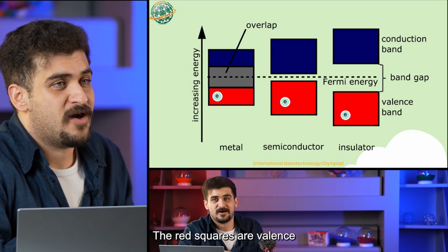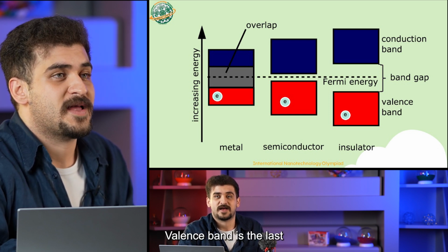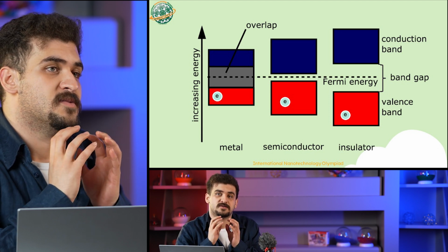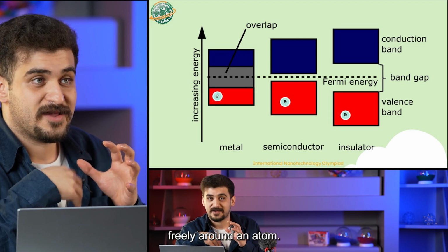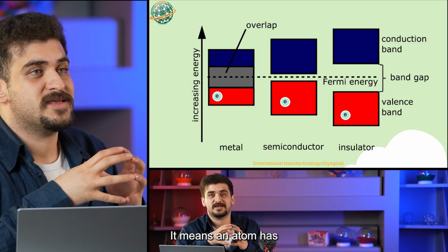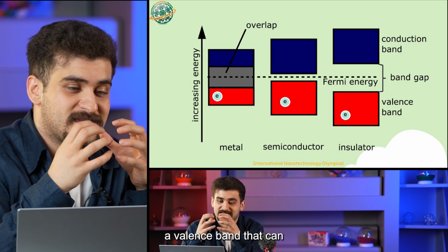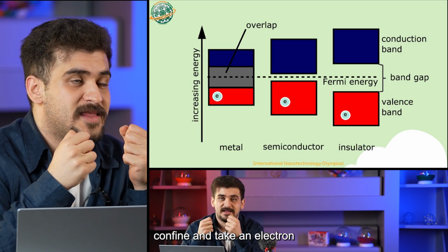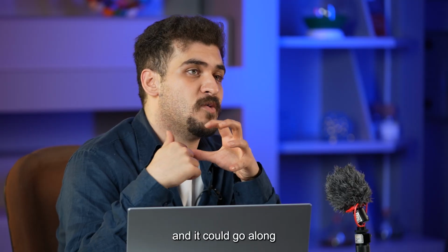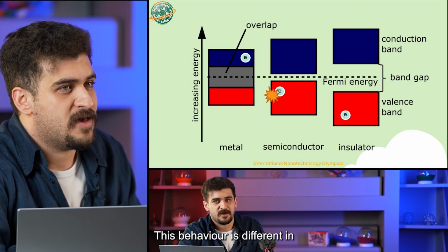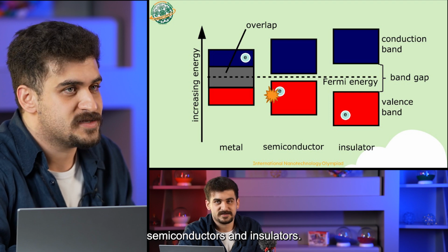The red squares are the valence band. The valence band is the last boundary where an electron can move freely around an atom. It means an atom has a valence band that can confine and take an electron inside some orbitals around it. This behavior is different in semiconductors and insulators.